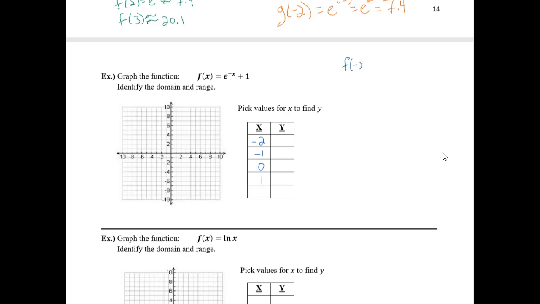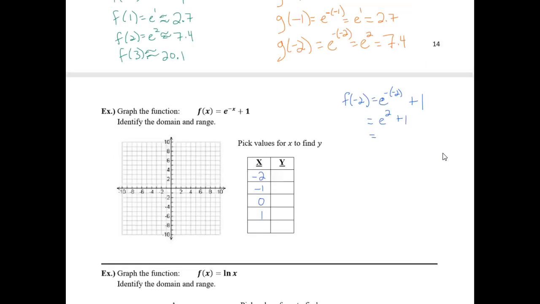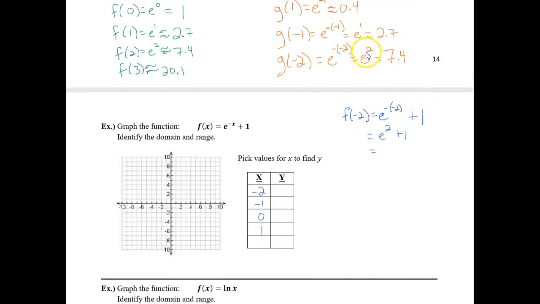F of -2, we're replacing x with -2, and that plus 1 is not part of the exponent. A negative makes that positive, and e squared, we've learned this from past examples, was 7.4. But then I have to add 1, and I get 8.4. And these are all approximately.